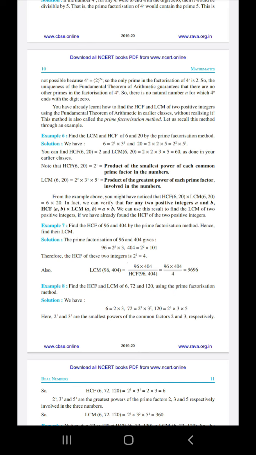So, there is no natural number n for which 4 to the n ends with the digit 0.